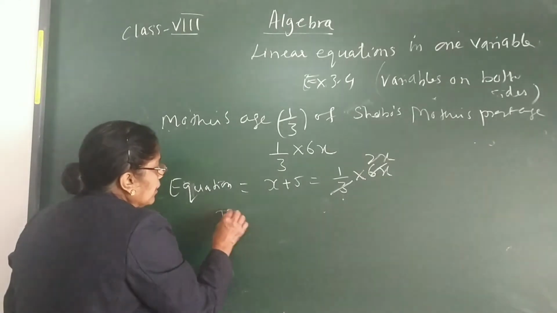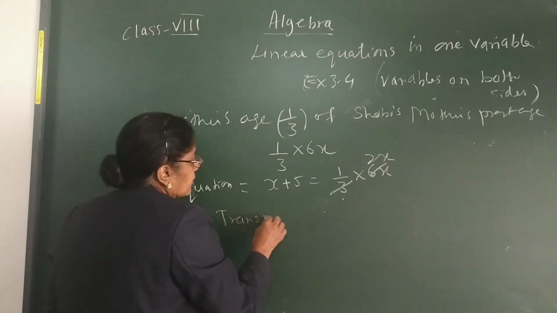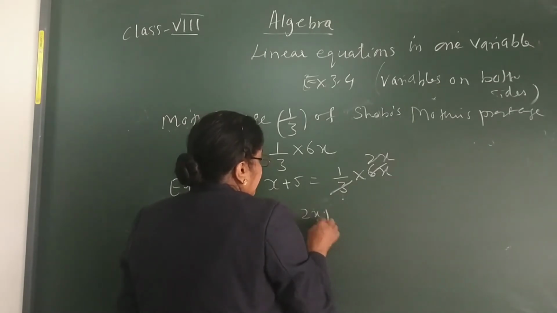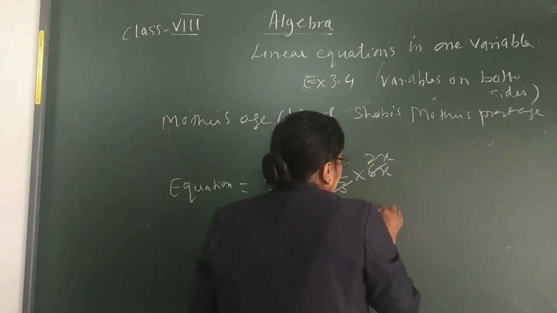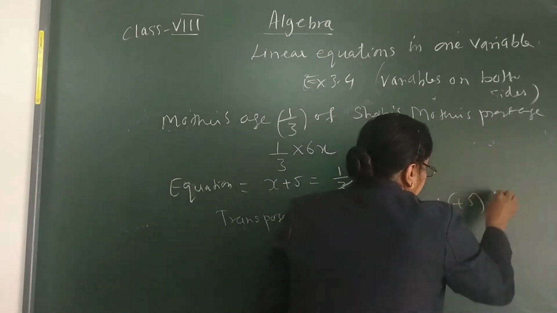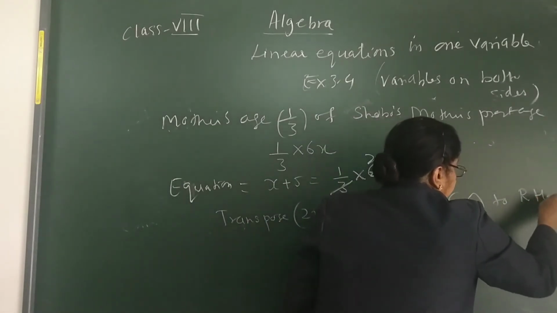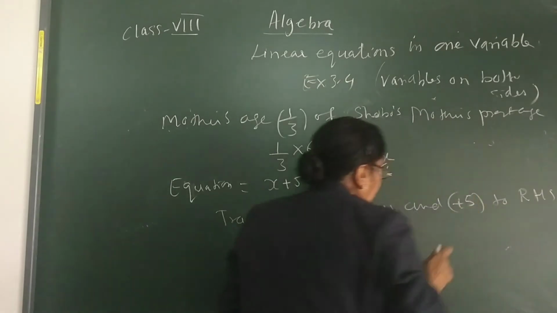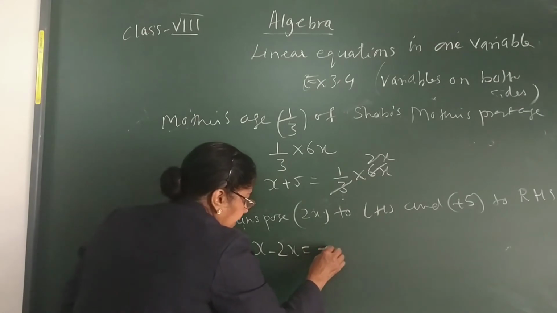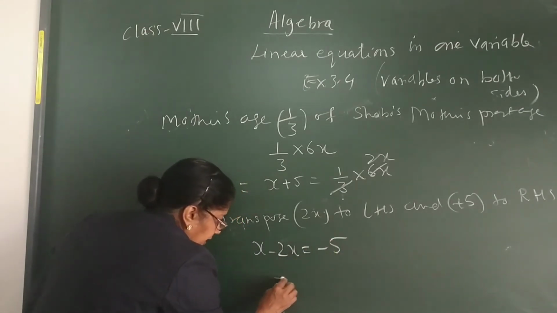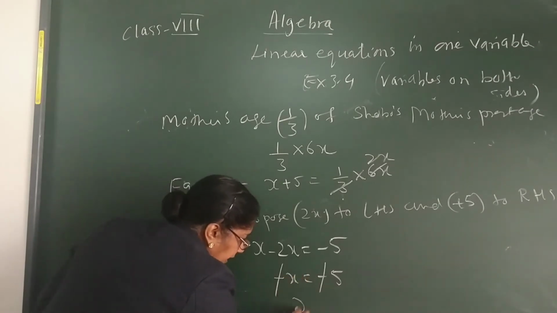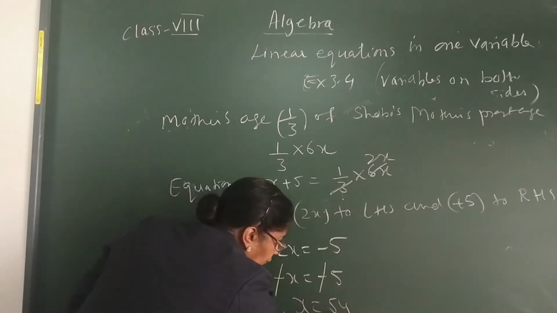So I am going to transpose 2x to the LHS and plus 5 to the RHS. So x minus 2x is equal to minus 5. That is minus x is equal to minus 5. Both side minus sign will get cancelled. x is equal to 5.